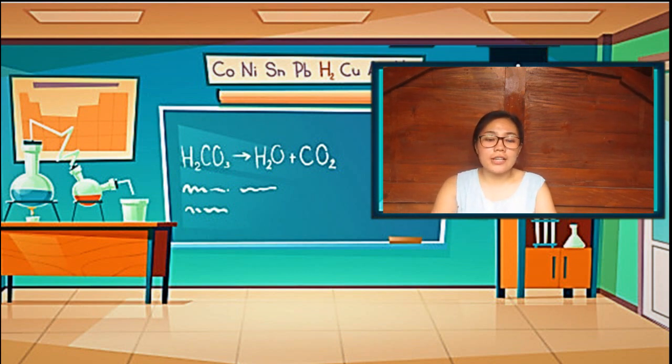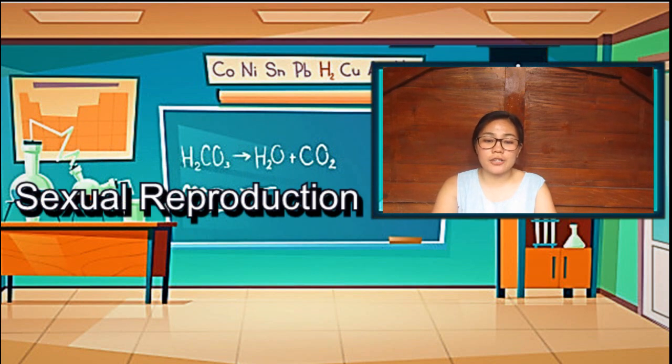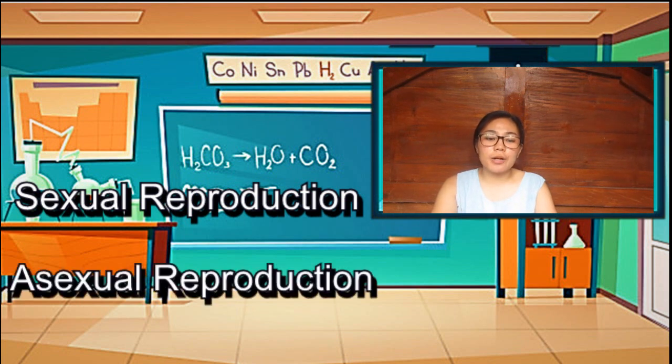Energy production takes place in chloroplasts, the cellular powerhouses that make sugars and give leaves and algae their green color. Algae reproduce by sexual reproduction, involving male and female gametes or sex cells, and by asexual reproduction, or both ways.